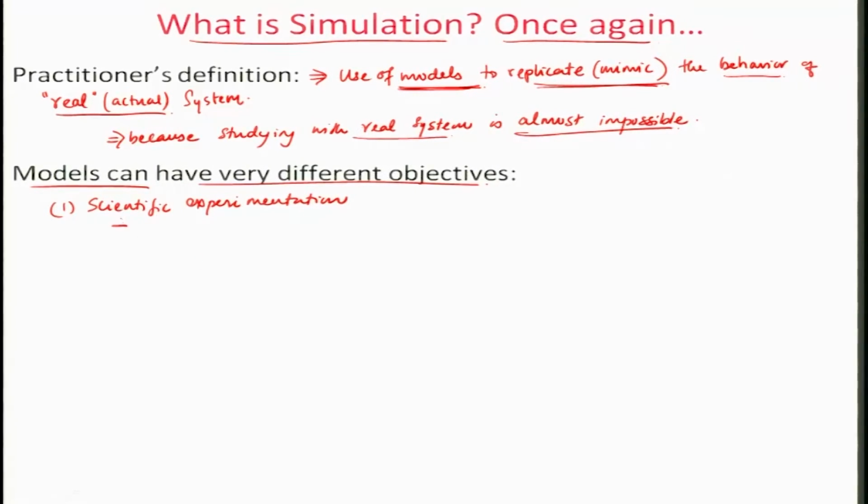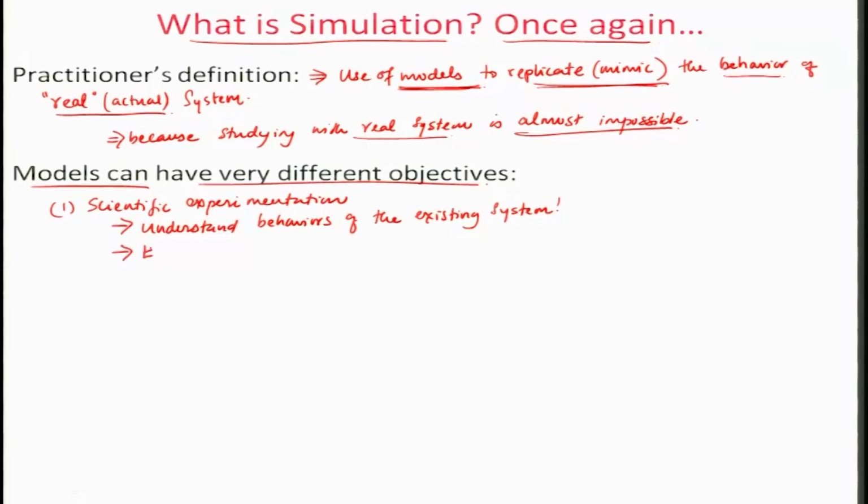This implies understanding the behaviors of the existing system. What we are focusing on here is understanding the behaviors of the existing system. That is one aspect of scientific experimentation.